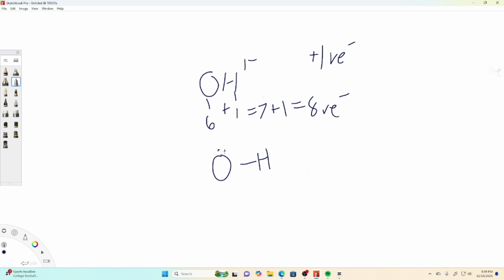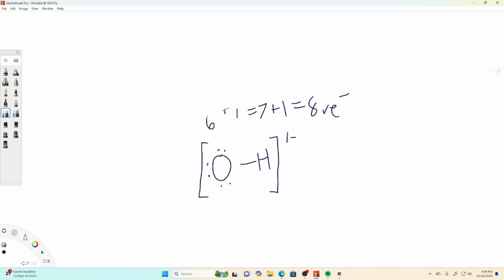So let's try out the lone pairs here. And wow, look at that. It already meets octet, and it meets 8 valence electrons. But to specify that it is an ion, we draw out these little brackets, and we put the charge. So here it is. This is the Lewis structure for the polyatomic hydroxide.